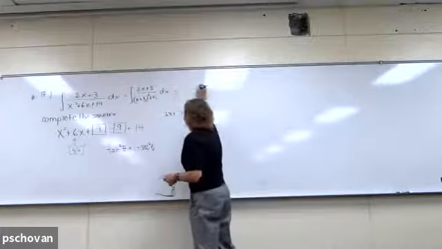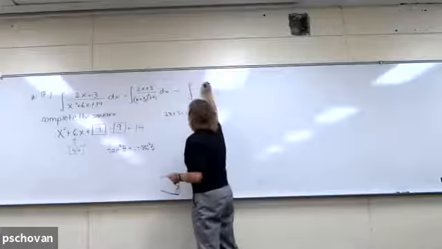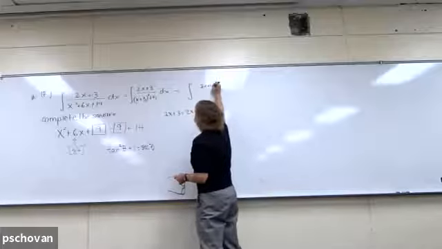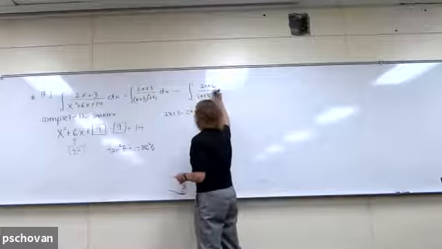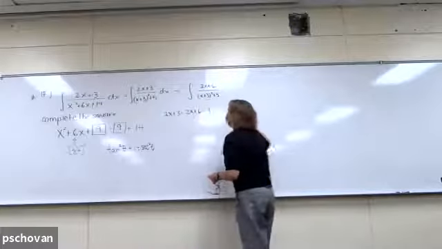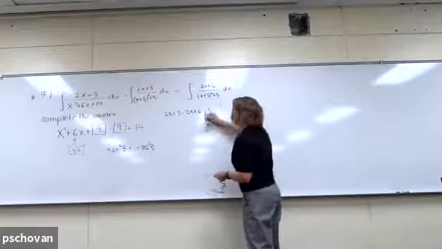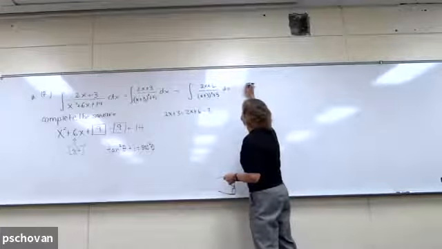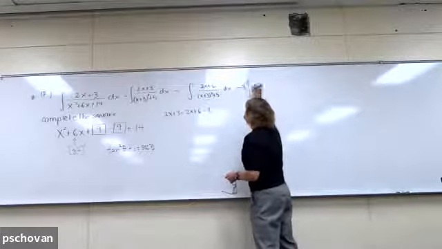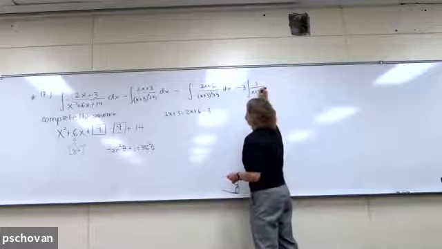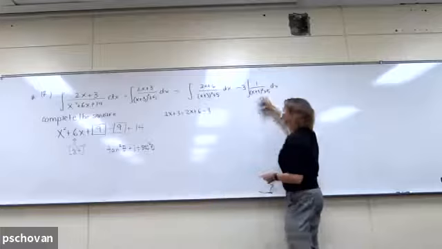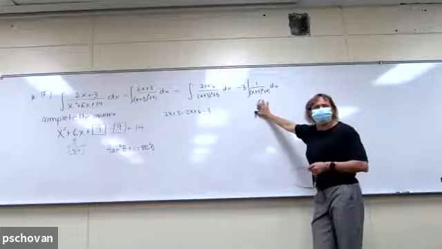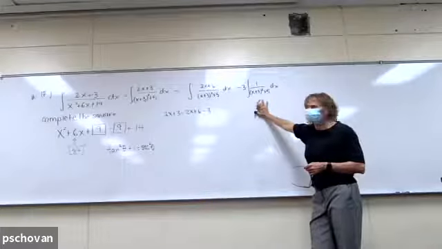And then we'll split up the numerator. We'll write that as 2x plus 6 over the x plus 3 squared plus 5. And then we'll put the minus 3 right there and have a 1 over x plus 3 squared plus 5. So this integral we just did, that one was the arctangent integral.